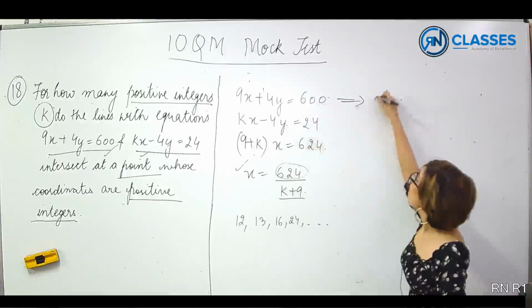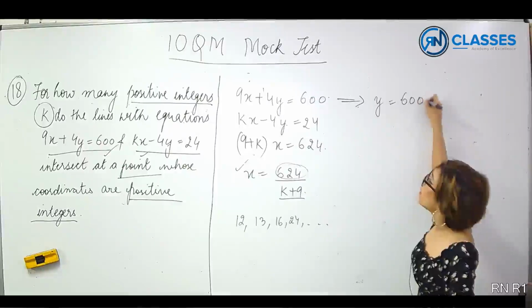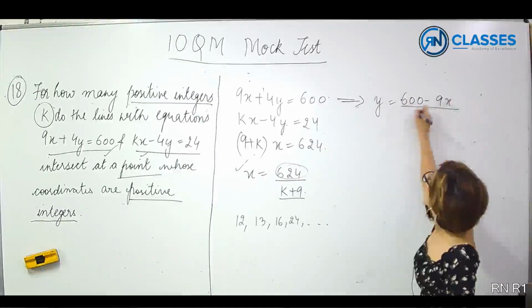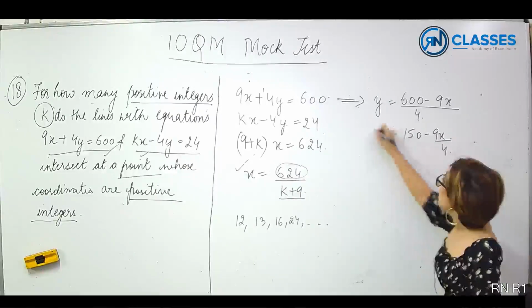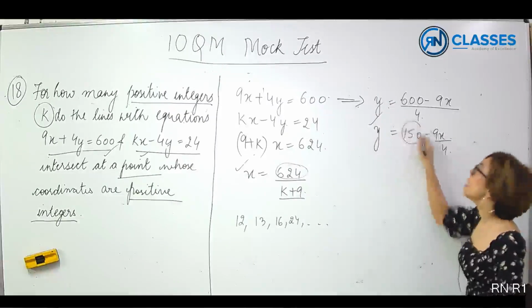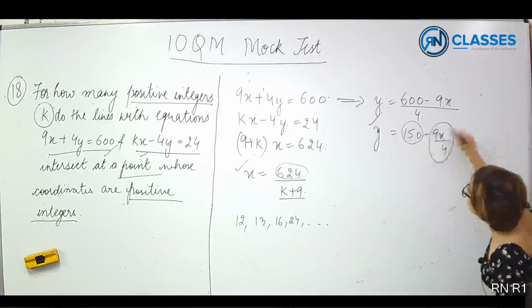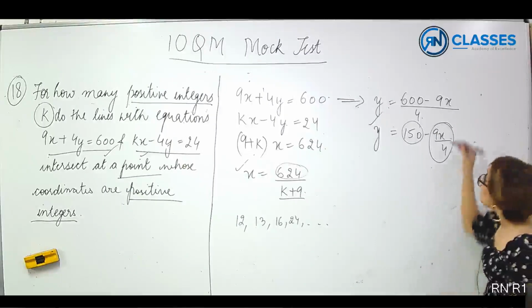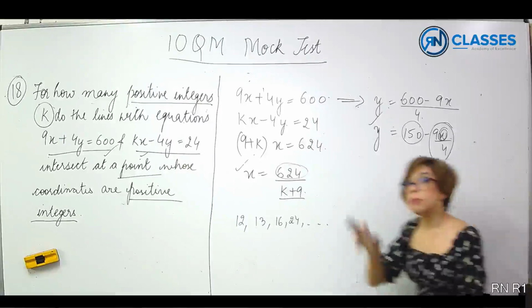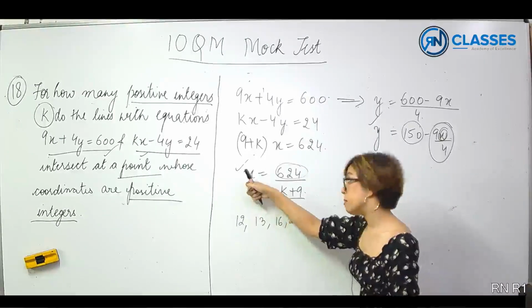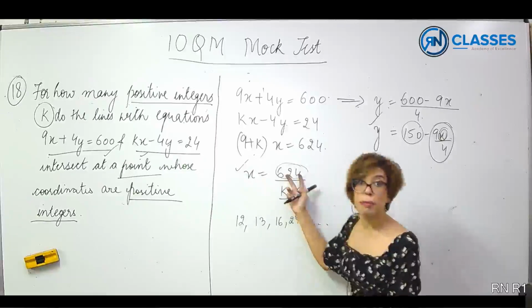From here, I can write y as (600 - 9x) divided by 4, which is nothing but 150 - 9x/4. Now, if this has to be an integer, obviously 150 is an integer, so 9x/4 has to be an integer. That means x needs to be divisible by 4. Now, 624 is already divisible by 4.